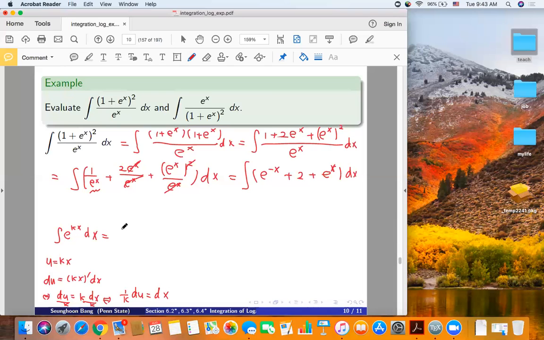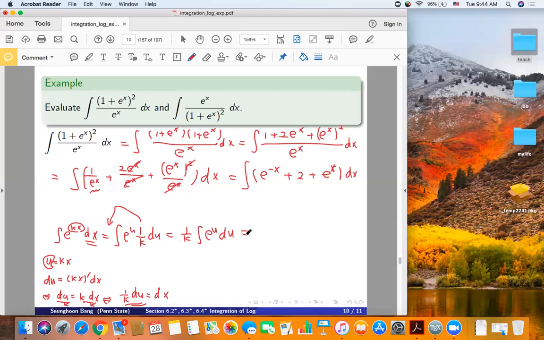And change the integral here. kx is u. The dx is here: 1 over k du. You can just take out 1 over k. 1 over k integral of e to the u du.